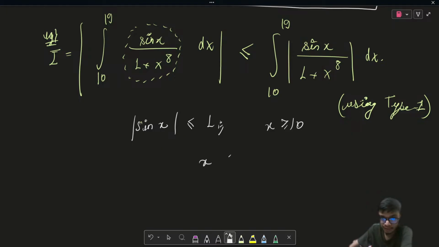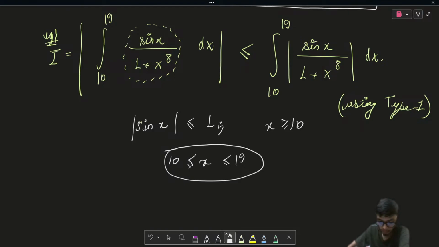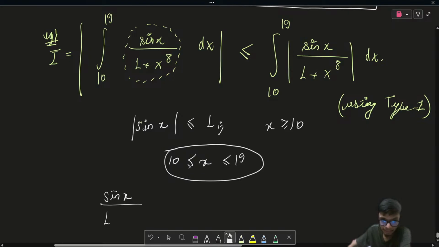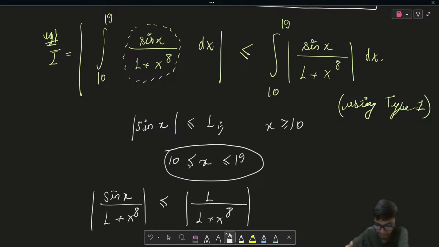Within this interval from 10 to 19, I can say that the mod of sine x upon 1 plus x to the power 8 will be less than or equal to the mod of 1 upon 1 plus x to the power 8. I can definitely say this result.